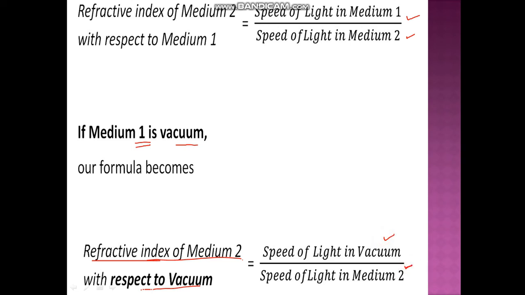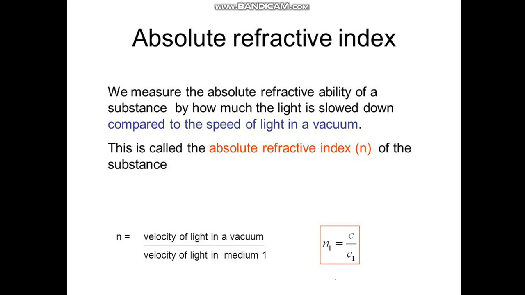This is a situation when the light is traveling from vacuum to any particular medium. It may travel from vacuum to air, vacuum to glass, vacuum to water, anything, but the first medium is vacuum. Then we use the word absolute refractive index. This is the refractive index with respect to vacuum.